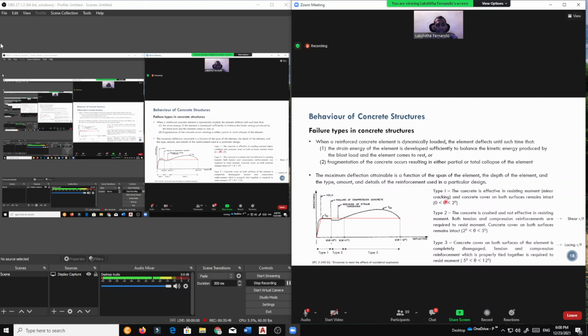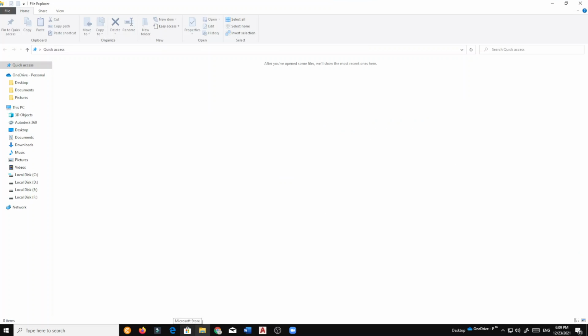The first type is where the concrete is capable of handling the blast load on its own, as in the concrete as well as the reinforcement in it is able to handle the blast load. This is where the blast load is small. But if the blast load is more, if the angle of rotation is between 2 and 6 degrees, the concrete will crush and it will not be effective in compression anymore.